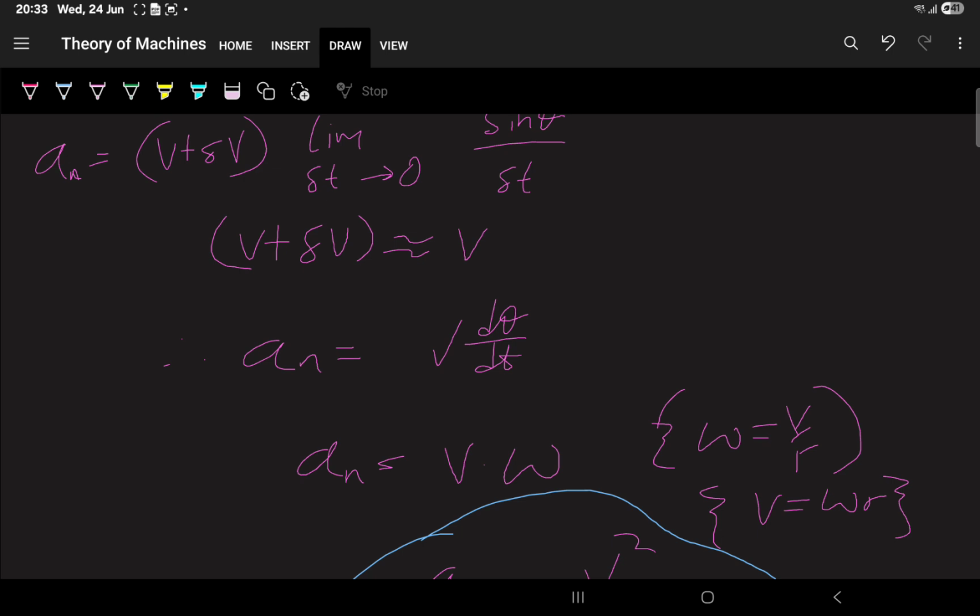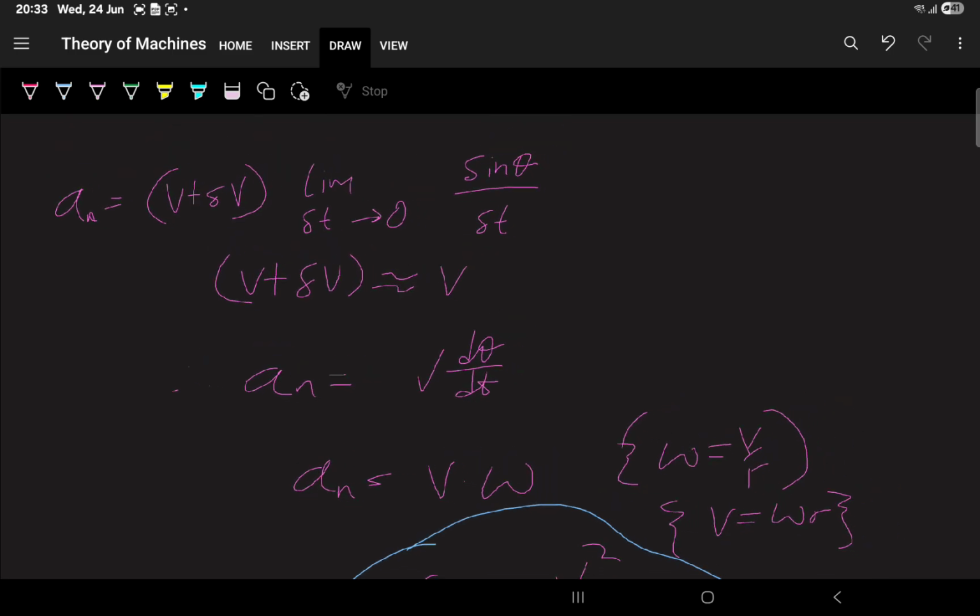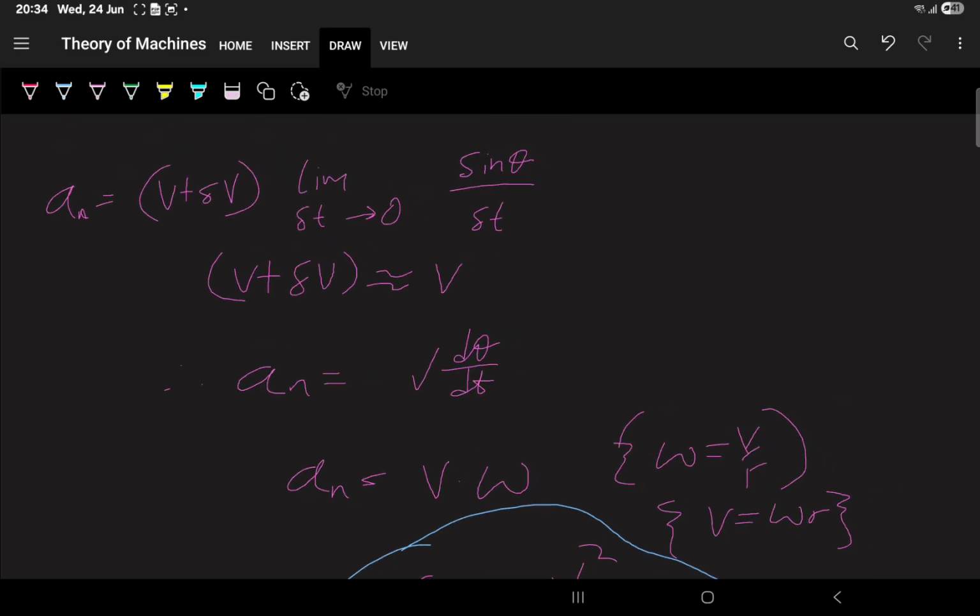Now v plus change in v, it's assumed that the increase is minute, hence negligible, so it's approximately, hence the wobbly equal sign, approximately equal to v. Now simplifying the limits, we have v d theta over dt.